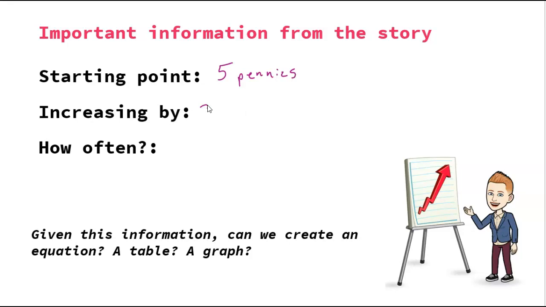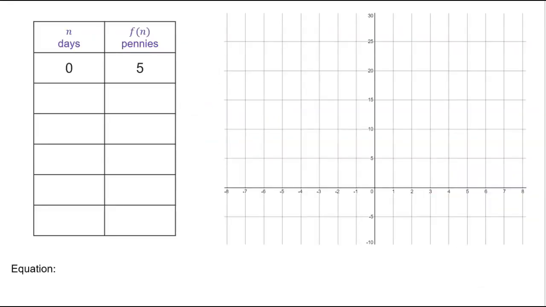It's increasing by 3 pennies, and it's going up each day. So we have several tools we've used for this before. We have a table, we can write an equation, we can make a graph. We know how to do this. This is just our old standard arithmetic sequence.